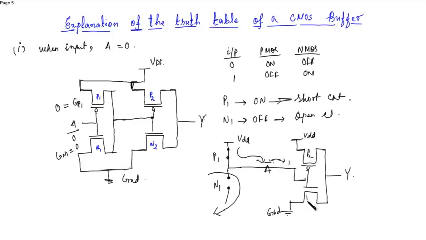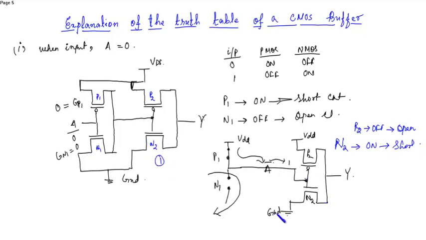This is P2 and N2. When 1 is applied at the input, PMOS will turn off and NMOS will turn on. So P2 gets open circuited, and N2 turns on, that is, gets short circuited.